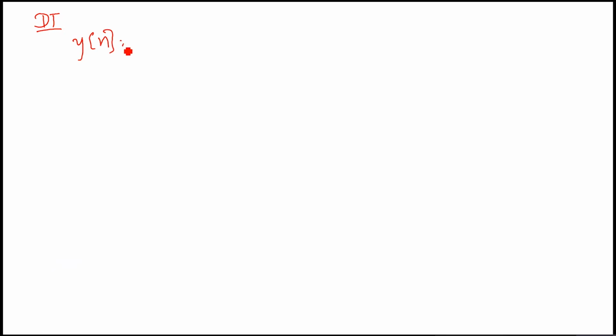If you have a difference equation given to you, something like 0.5 x of n minus 0.1 x of n minus 1 plus, let's say, 0.2 y of n minus 1, the difference equation is given to you.